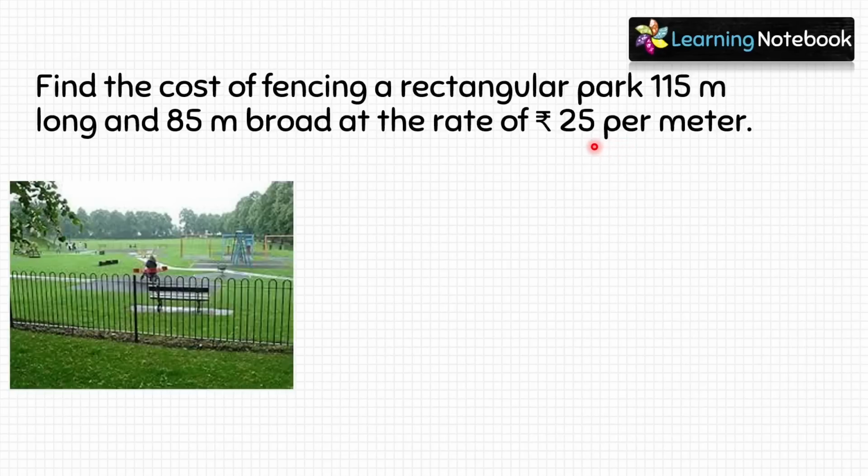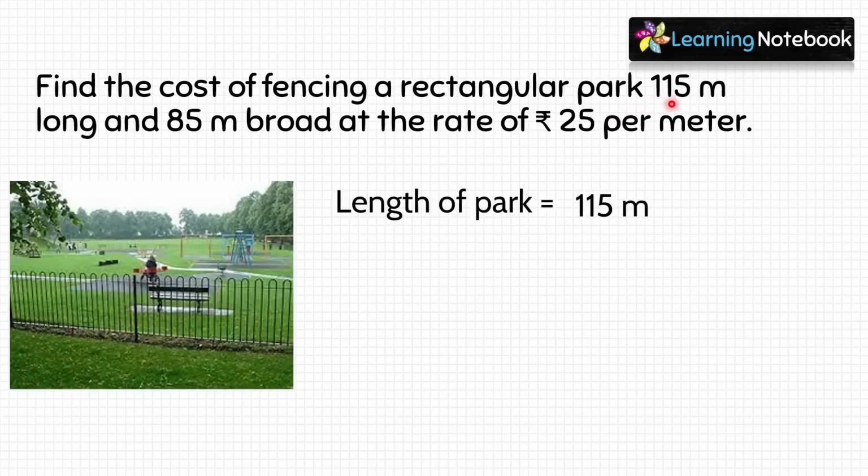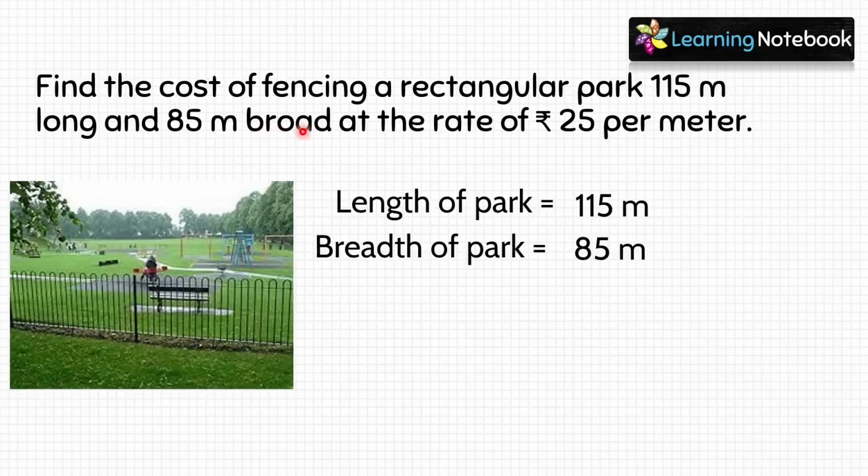So, let's first find perimeter of this rectangular park. Length of this park is given as 115 meter and its breadth is 85 meter.